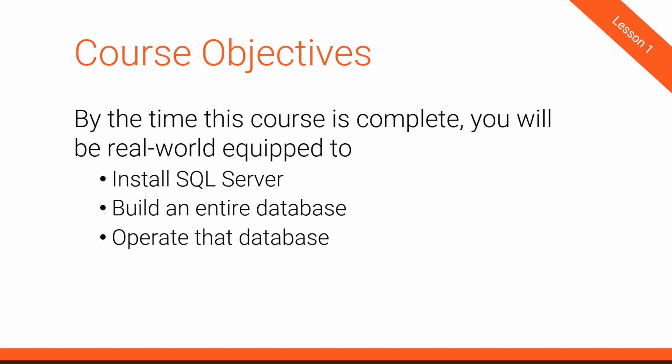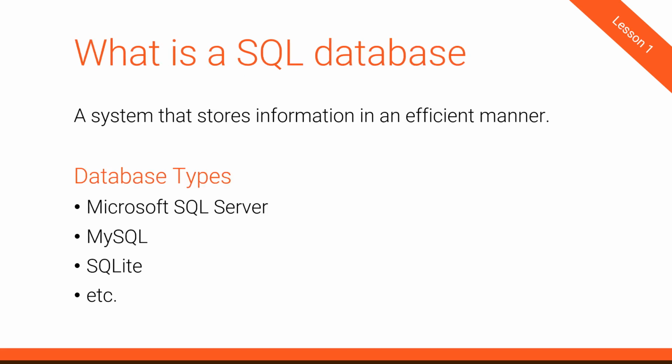So let's start off with the first question that's probably on your mind. What is a SQL database? Now, maybe you know this already because you obviously bought this course, but let's start from the very beginning and say that a SQL database is a system that stores information in an efficient manner. Now, that's a pretty simple explanation, but let's look at it this way. Think about Microsoft Excel. That stores data.